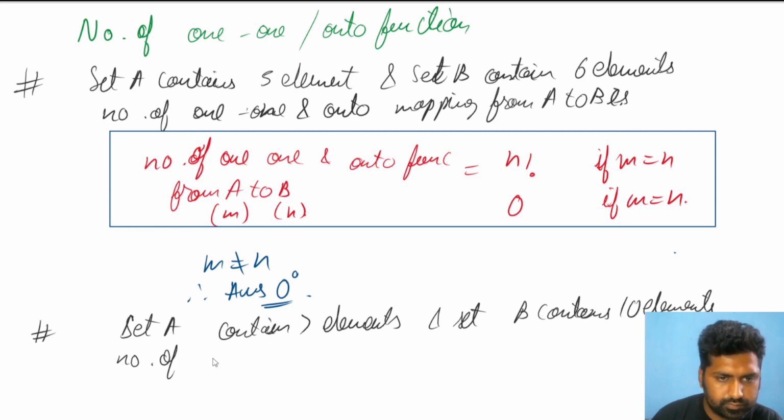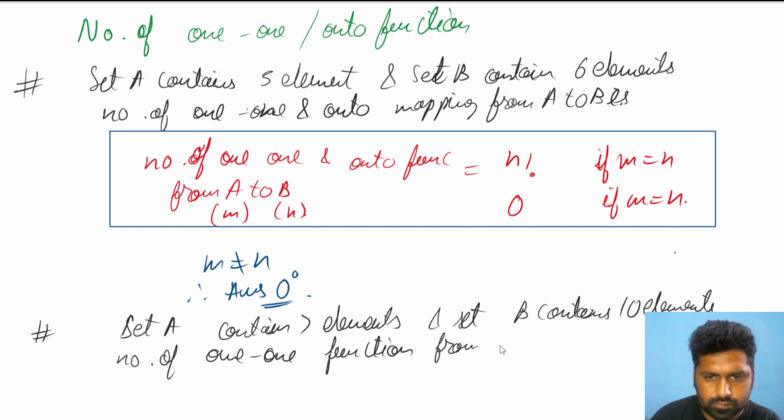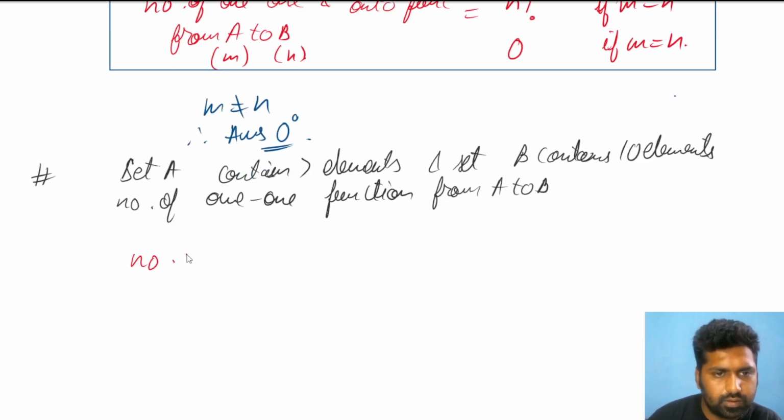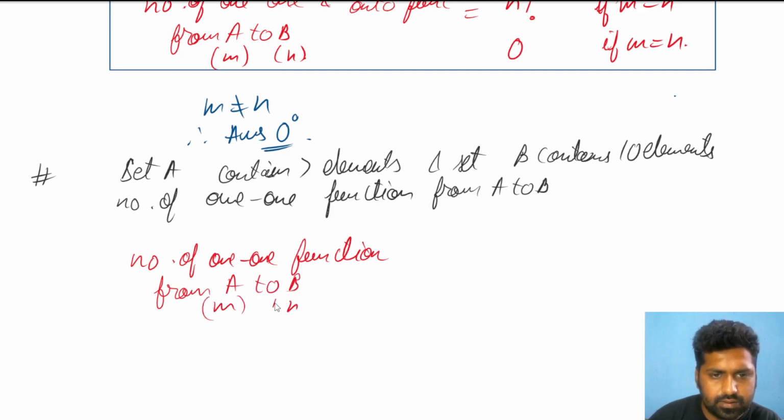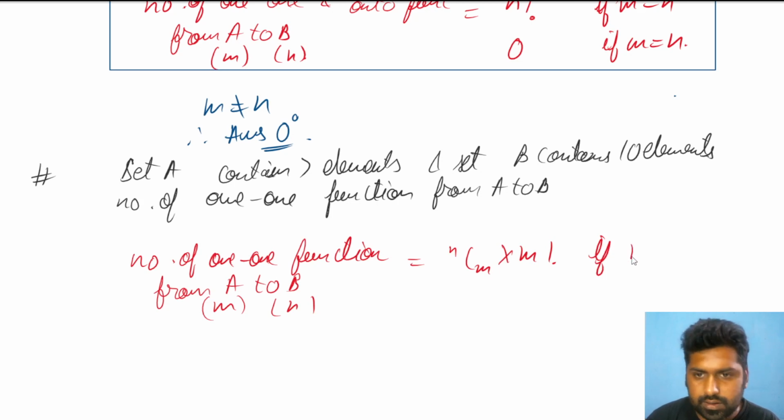He's asking for the number of one-one functions, or number of one-one mappings, from A to B. Number of one-one functions, there is no condition on onto, from A to B. A has m elements, B has n elements, is equal to nCm into m factorial if n is greater than or equal to m, and 0 if n is less than m.